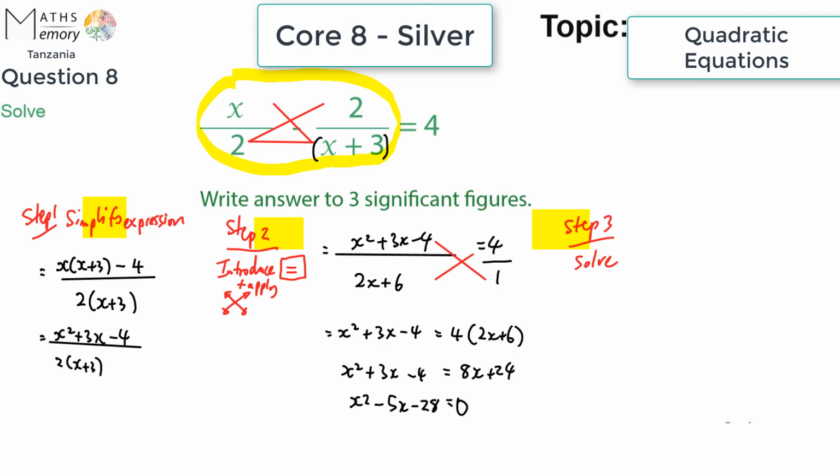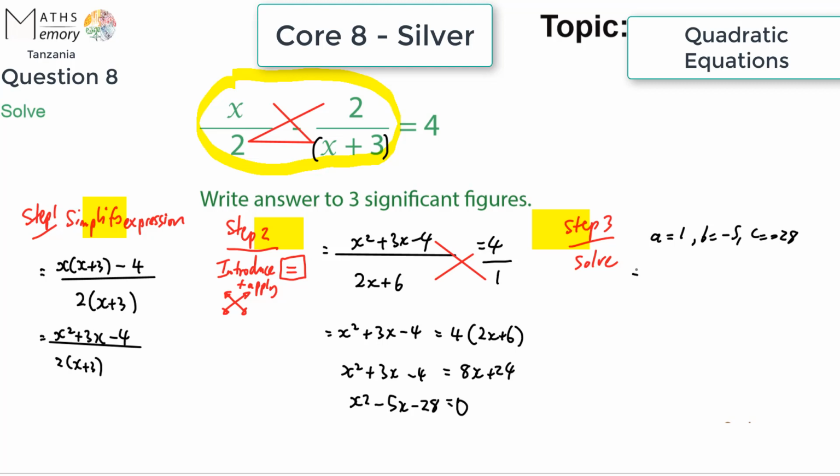So let's use a quad box. What two numbers multiply to get minus 28, add up to get minus 5? 14, 2, we have 7 and 4. We can't do it. So basically we use our backup formula, the quadratic formula. Let's define A, B, and C. A is 1, B is going to be minus 5, and C is going to be minus 28. Let's plug this in.